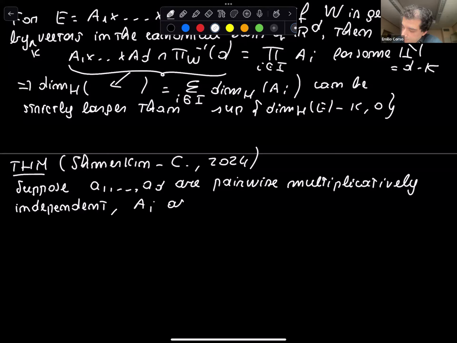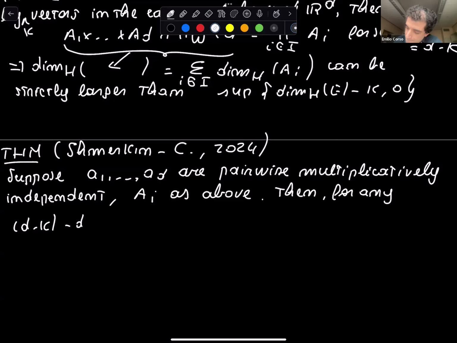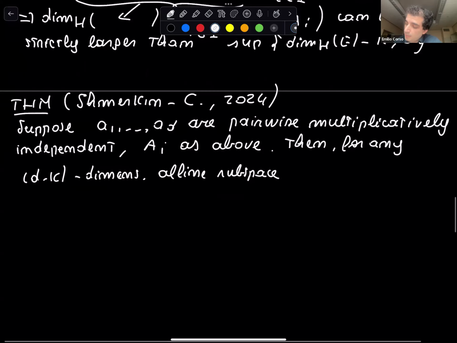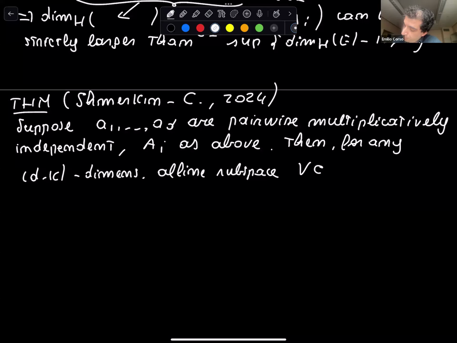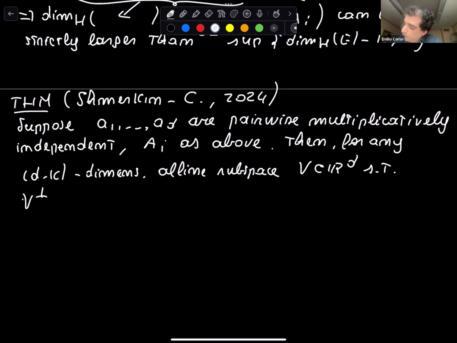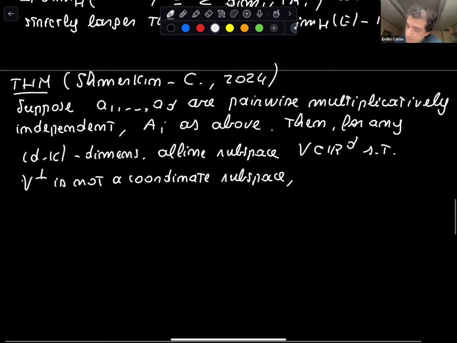Then for any D minus K dimensional affine subspace V such that the orthogonal complement V perp is not a coordinate subspace, we have the expected upper bound.